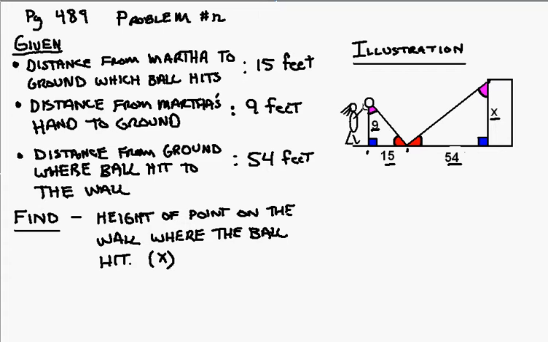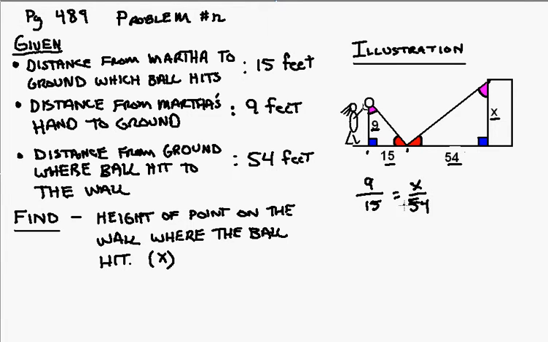So with that information, we can now set up a ratio. We can go the height of the ball in relation to the distance from where the ball is hit to the ground that it strikes: 9 is to 15 as x is to 54.